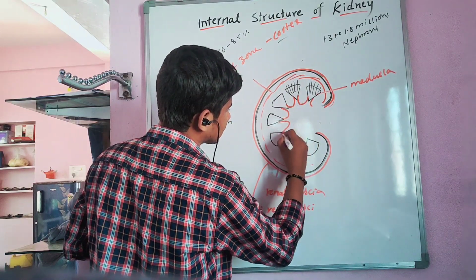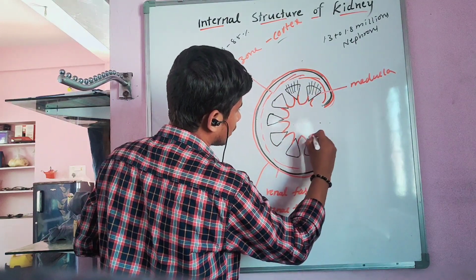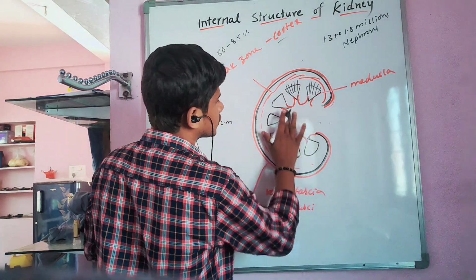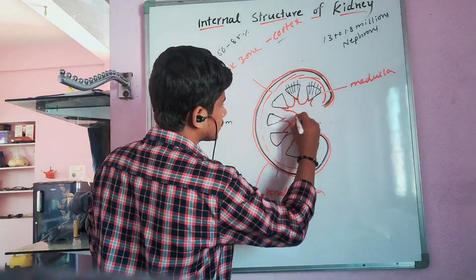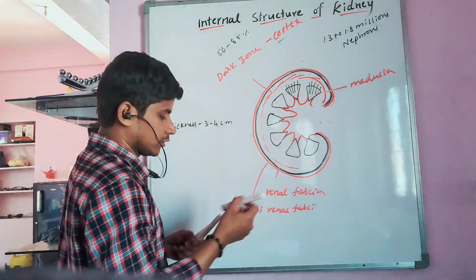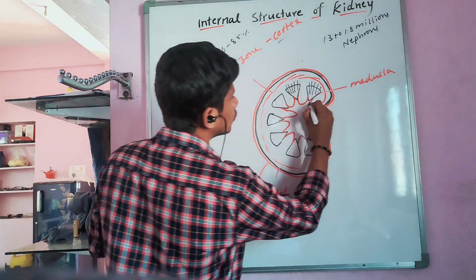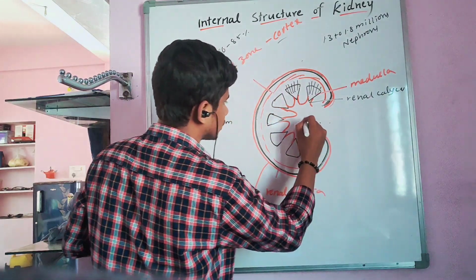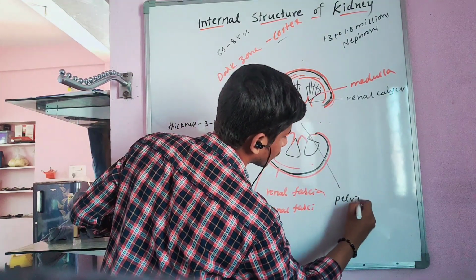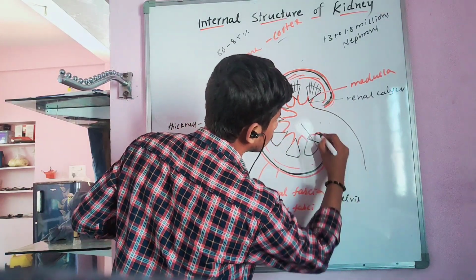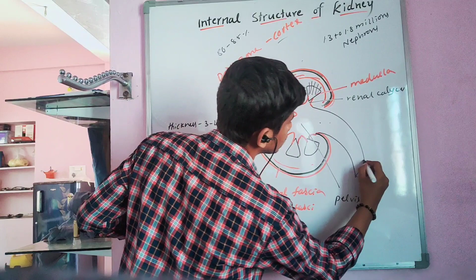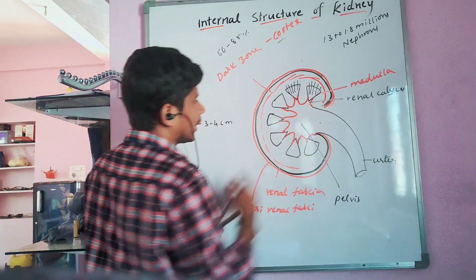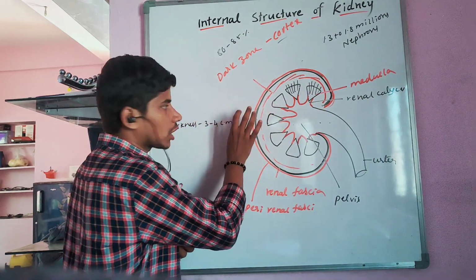The renal calyces open into a funnel-shaped structure called the pelvis. The pelvis opens into the ureter, and the ureter opens into the bladder.